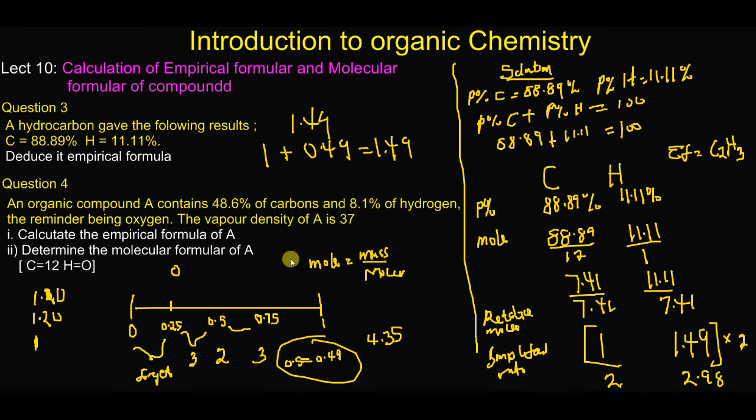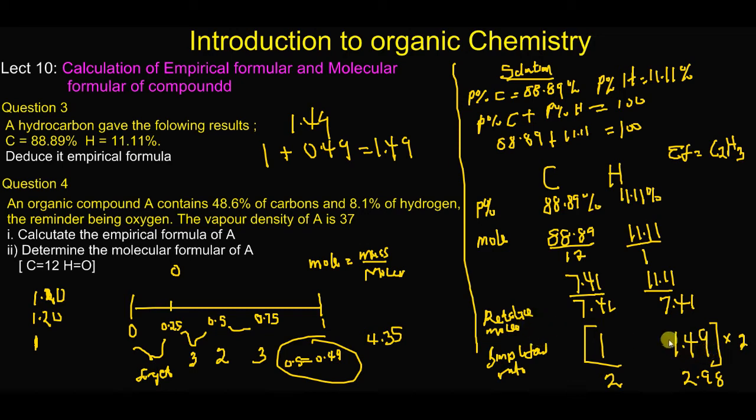All you need to do is just follow the rule: write the percentages, and then add the percentages to check whether they are equal to 100. If they are equal to 100, write all the elements, write the various percentages, and divide by their relative atomic masses to find the mole. Then find the relative mole and get the simplified ratio.